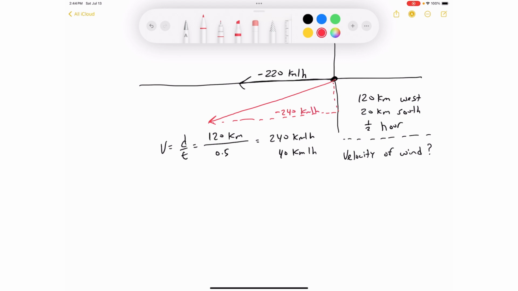That's the velocity there, and then down is negative 40 kilometers per hour. Okay, so we have two vectors. We have this black vector and we have the red vector.